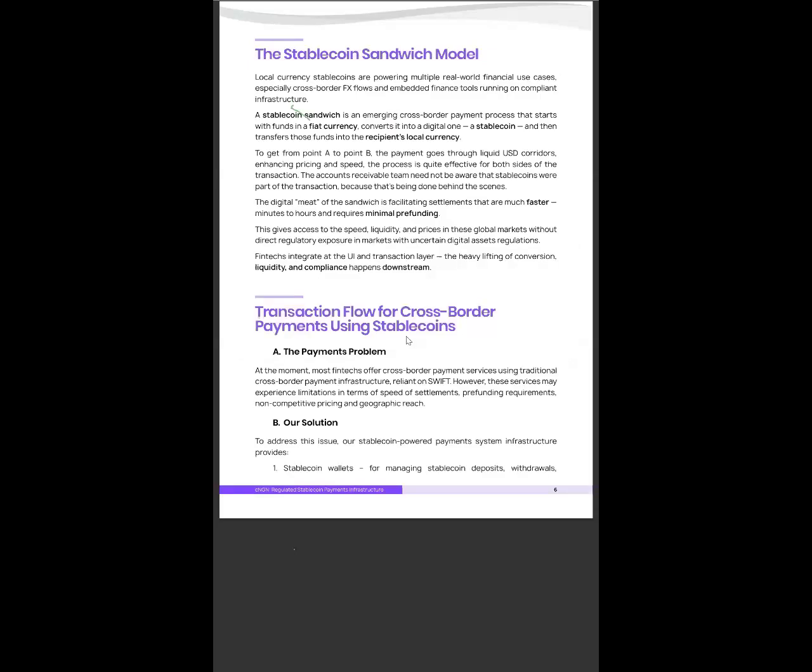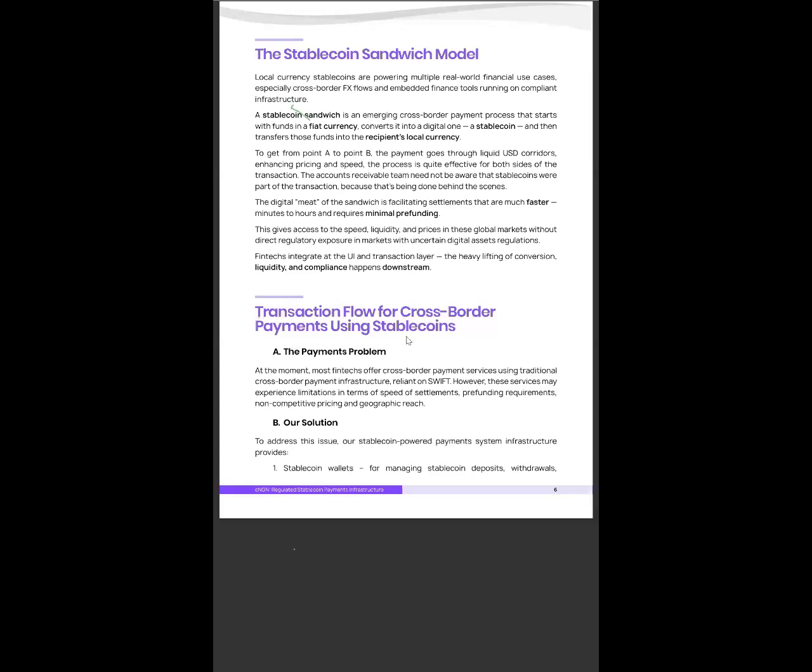But I think the last thing I want to touch on today is the sandwich model. So basically, if you have a product or if you're a builder or you want to create a product or a service, there are many ways to leverage stablecoins and different entities with different licenses to create your solution end to end, right?